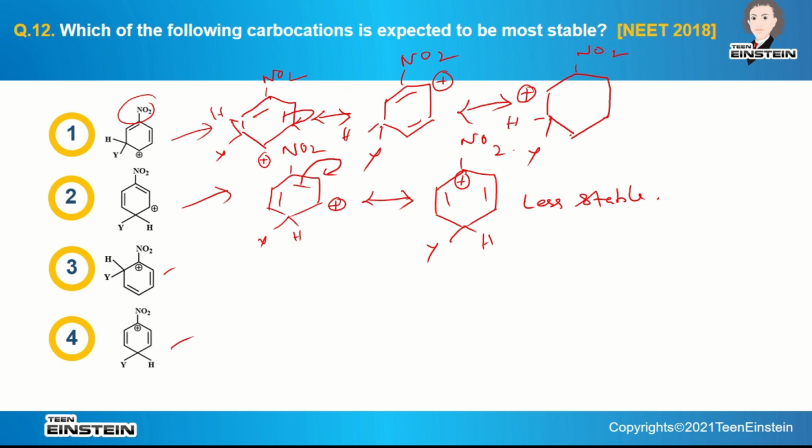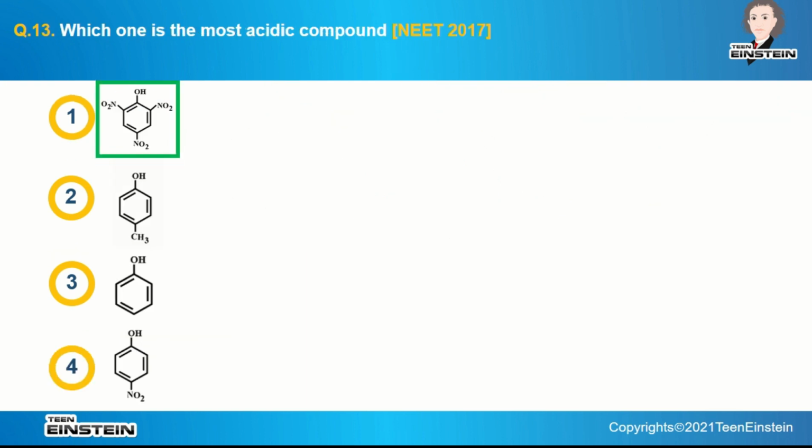So option 1 is most stable due to less electron withdrawing effect. So the correct answer would be option 1. Let's move on to the next question.